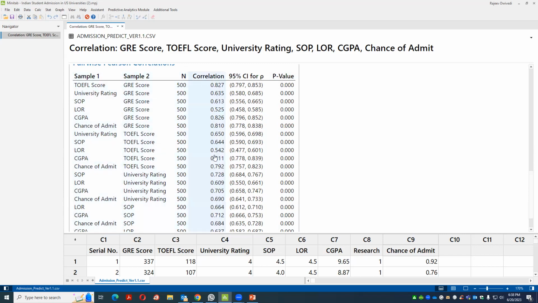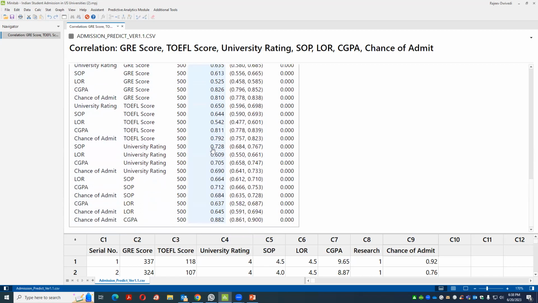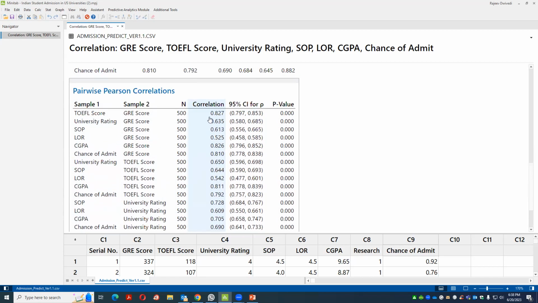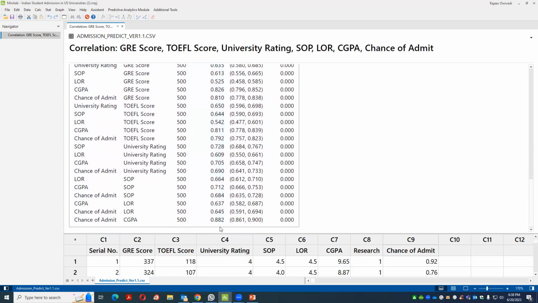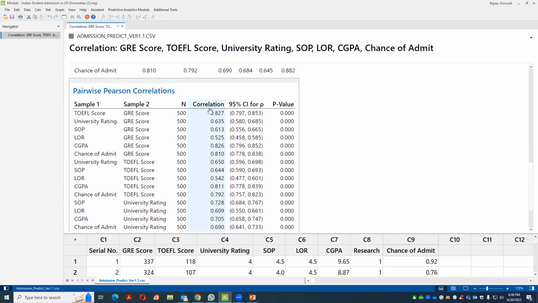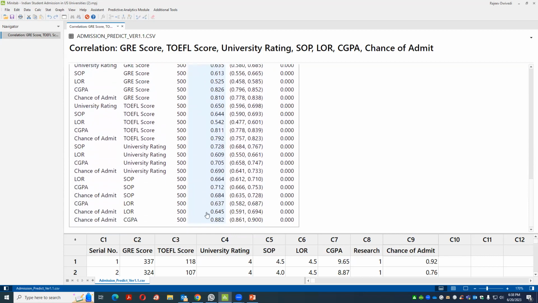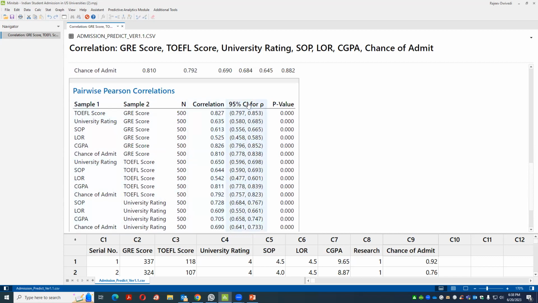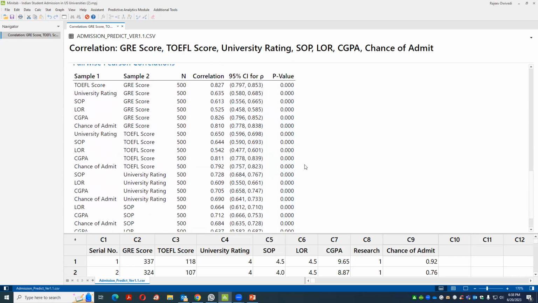These are all correlation values. Is there any correlation value that is negative? We don't see any negative; all correlations are positive. This is the confidence interval for rho, meaning for the population. Then the P-value, which you can now understand.